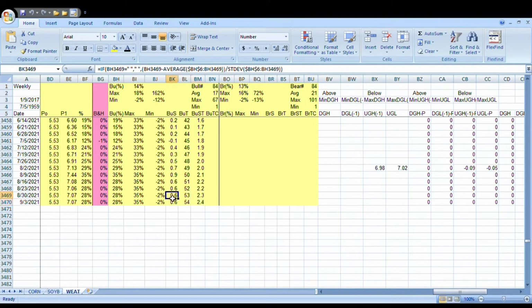It actually is higher, but it's different in terms of the price. The current impulse, which is 28%, and that's what BU is over here, that's only 0.6, and that's because we have a much higher weekly impulse. The highest recorded weekly impulse was 162%, and so 28% is kind of peanuts in comparison to that, and that's what the computer is saying.